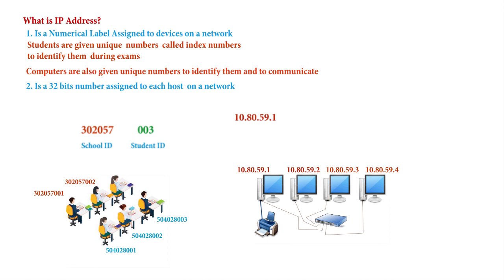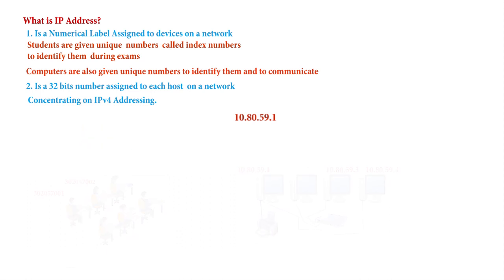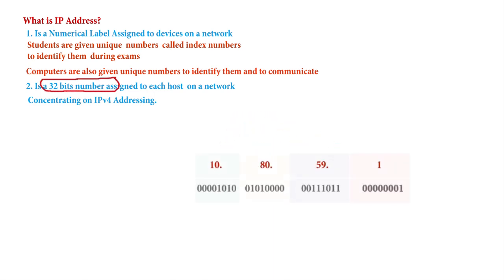In this level of the course, we are going to concentrate much on IPv4 addressing, also known as the IPv4 address. Going back to why I made mention of the 32-bit number above, this IPv4 address is written in binary in 4 octets, each of which is 8 bits.